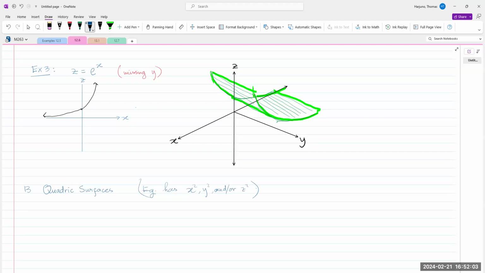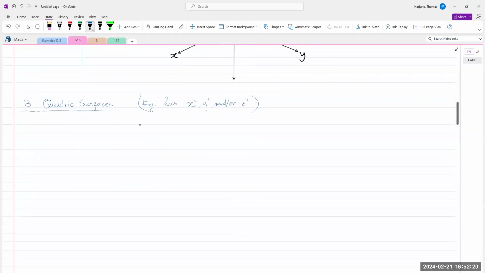That's why we call them quadric surfaces. Now, to explain these surfaces, I will need 2 foundations from your algebra and calculus 2. So before I really get into quadric surfaces, I will get into some foundational ideas first.